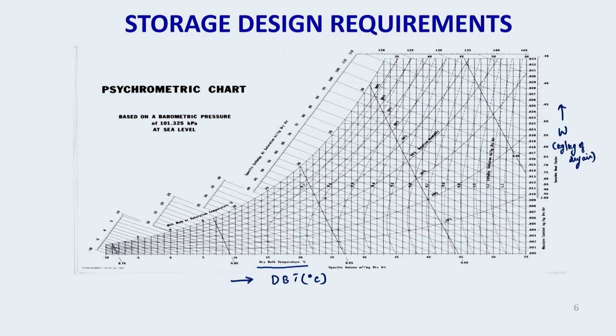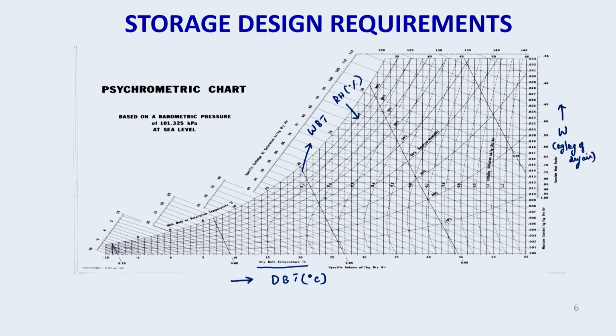These lines are called wet bulb temperature lines. And the inclined curves are called relative humidity, which is expressed in terms of percentage.